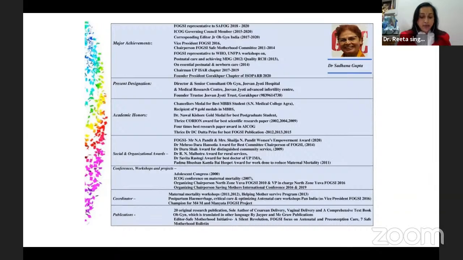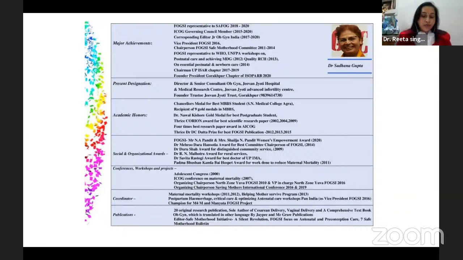Her achievement as an academician and as a Foxian is so inspiring for all of us. During student life, she received 10 gold medals, and during her professional years as academician and researcher, she received 10 awards for the best research papers.